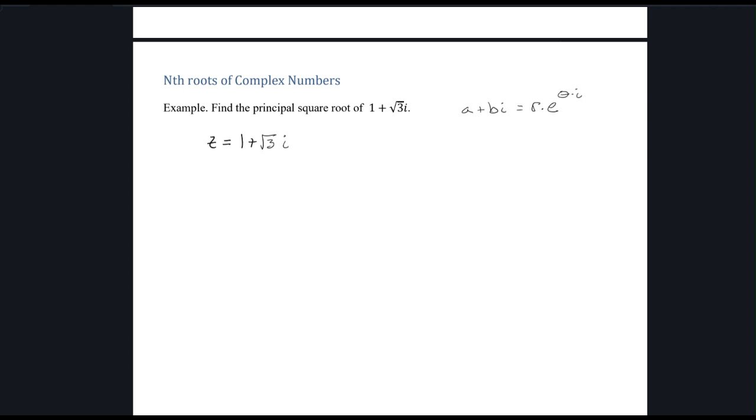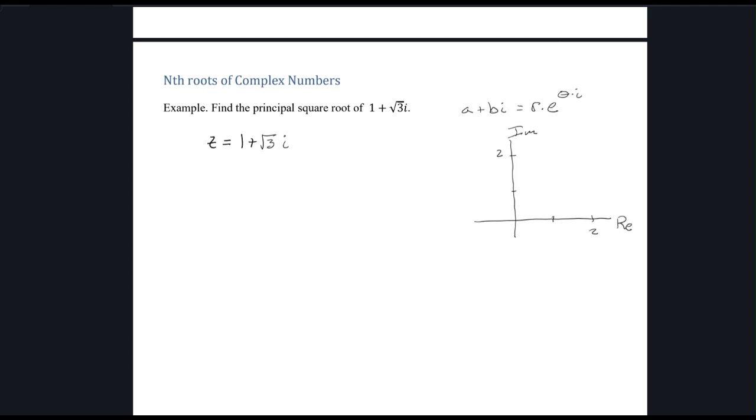Before I can find the polar form, I need to know the radius and the angle that this makes. I'm going to draw a coordinate plane here. The real part of the complex number goes on the horizontal axis, and the imaginary part goes on the vertical axis. I'm going to give myself a scale.